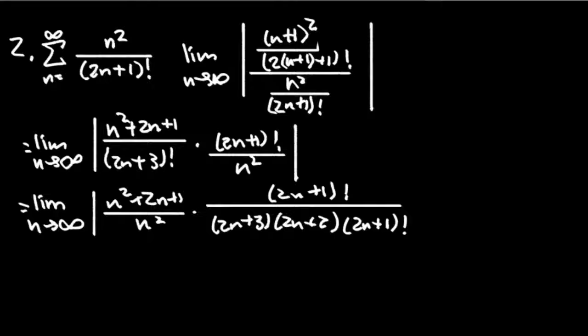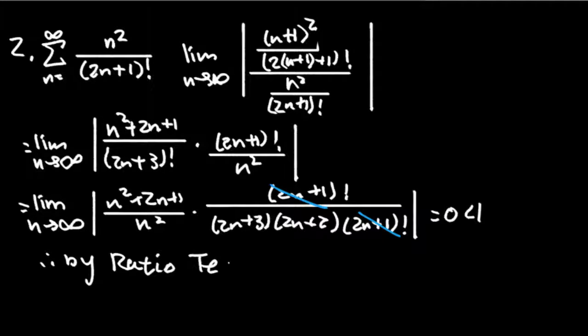But this is worth it because something nice happens, which is that that will divide with that. And then just looking at this, you can tell that the denominator is going to be a lot bigger than the numerator, so you can tell that this is going to be less than 1. Therefore, by ratio test, this summation converges.